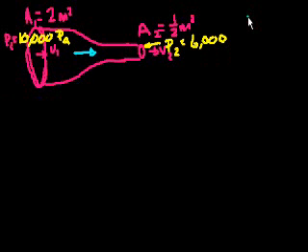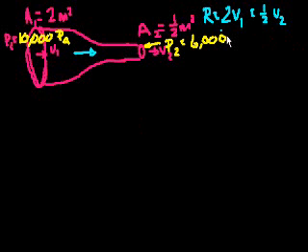So we know that the flow, which is R, which is volume per amount of time, is the same thing as the input velocity times the input area, right? So the input area is 2, so it's 2 v1. And that also equals the output area times the output velocity, so it equals 1/2 v2.